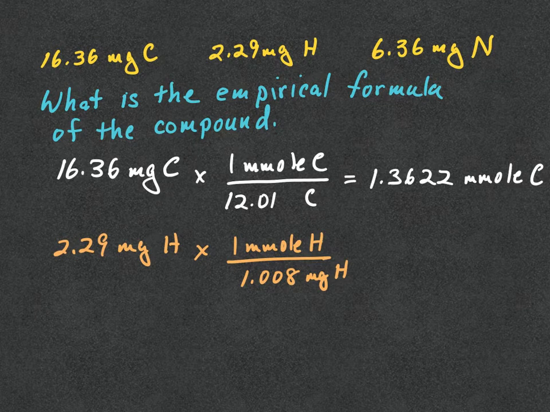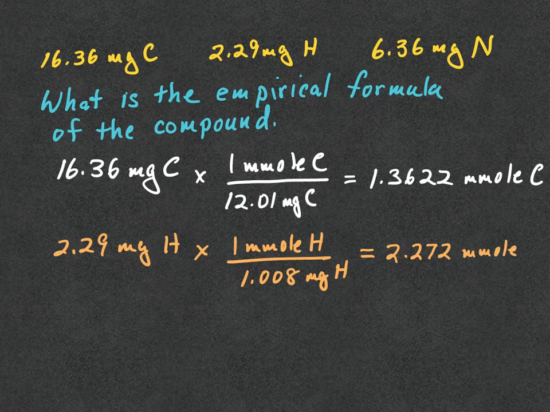That should be milligrams of carbon atoms to be consistent. So now when we go back to our hydrogen, we get 2.272 millimoles of hydrogen atoms.